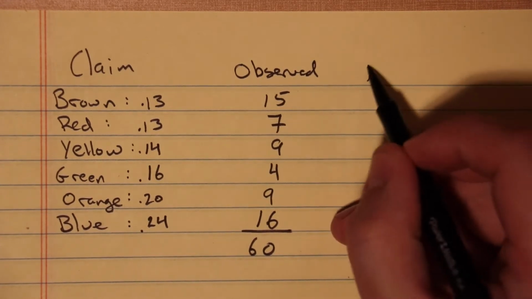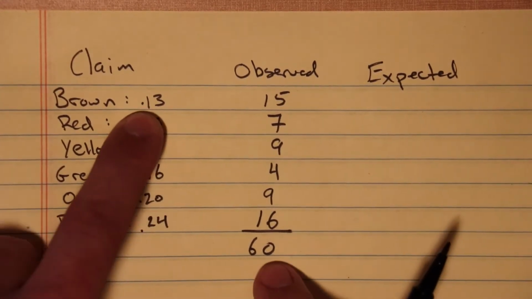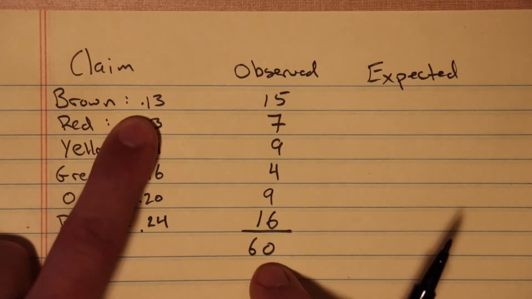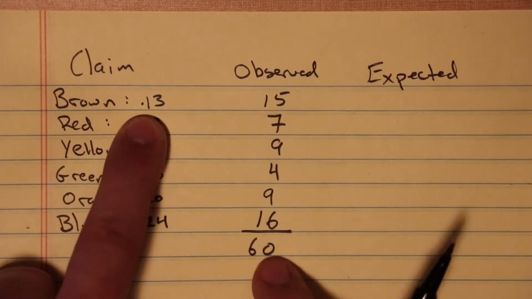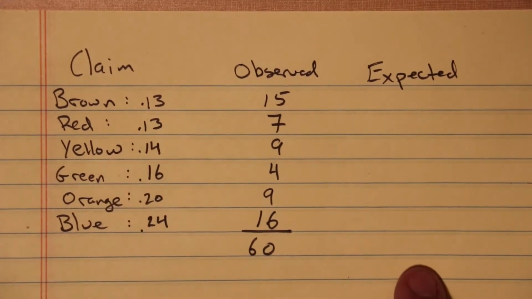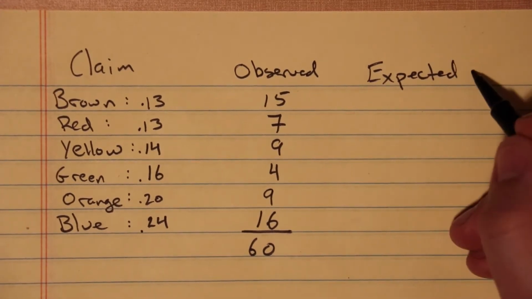Then there's this thing called the expected counts. The expected counts essentially use this proportion with your sample size. If this is the true proportion and this is your sample size, we're going to take 13% of 60 to get our expected counts. And I have those here. One thing with your expected counts, always keep those decimals.